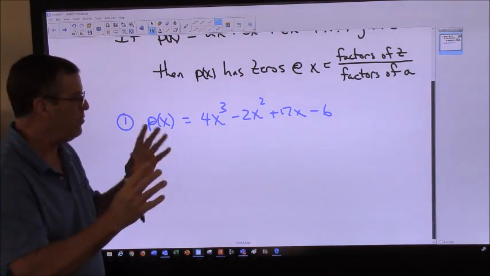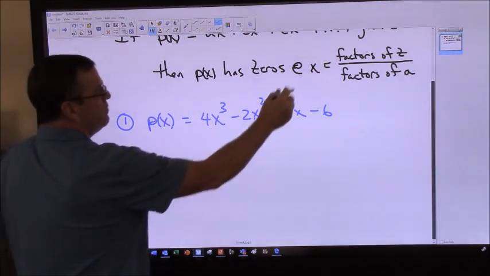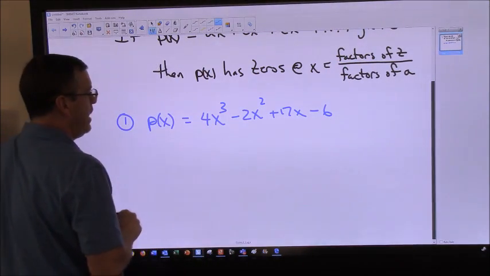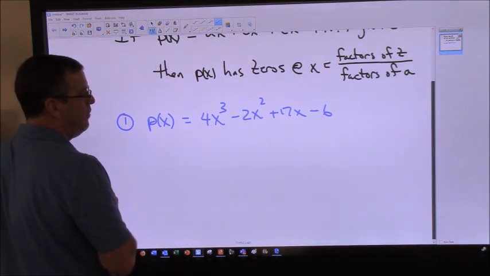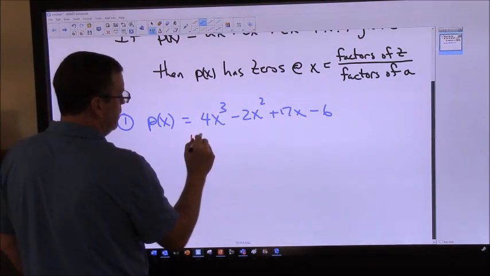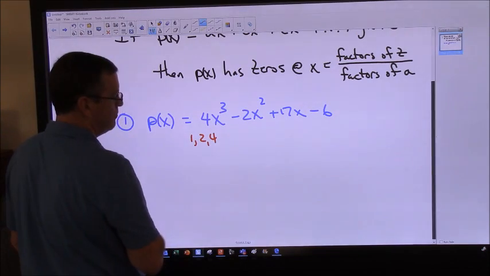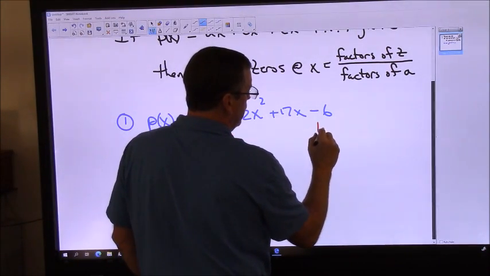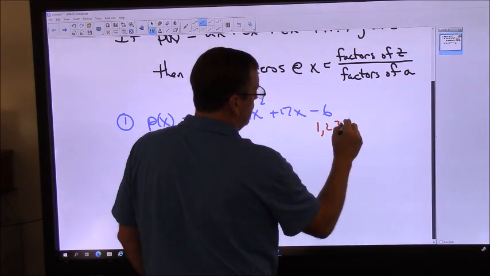But we're going to use this rule that says take all the factors of 6 and divide it by the factors of 4. So let's see, the numbers that divide into 4 evenly would be 1, 2, and 4. The numbers that divide into 6 evenly would be 1, 2, 3, and 6.